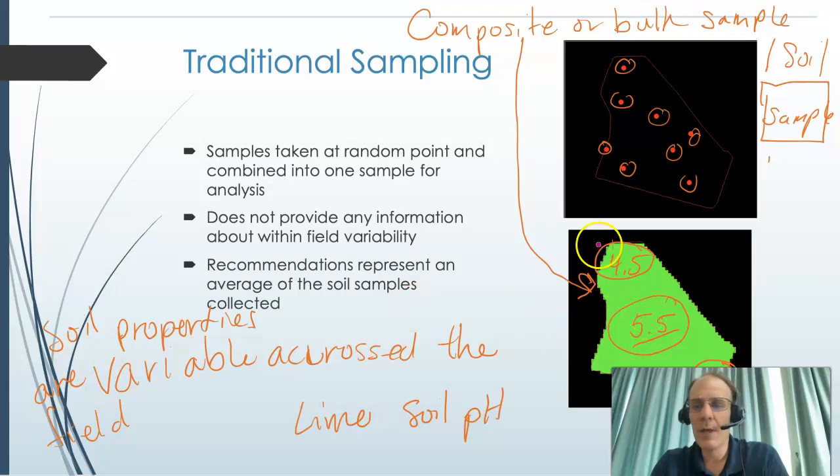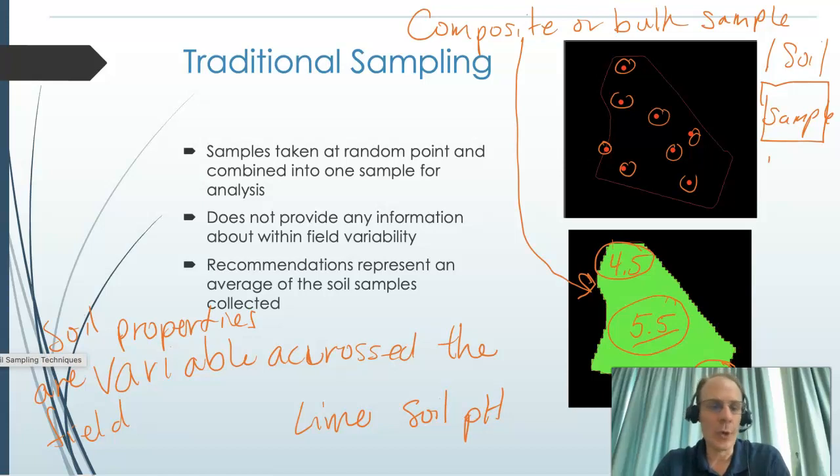As a result, this area received insufficient lime and this area received too much lime. The result is this area still has soil acidification. This area of the field now has soil alkalinization, and that can also result in erosion because crops won't grow as well here, as well as over application of fertilizers resulting in nutrient leaching and non-point pollution.